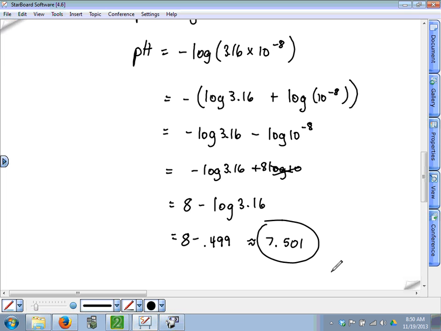So it's a little larger than 7. 7's neutral, so what do we call this one? It's a base. That's how all of them are going to work. If you're given a hydrogen ion concentration, you can run it through this little pH algorithm to find its pH. Let's do one more quick one, then we'll get to the Richter scale.